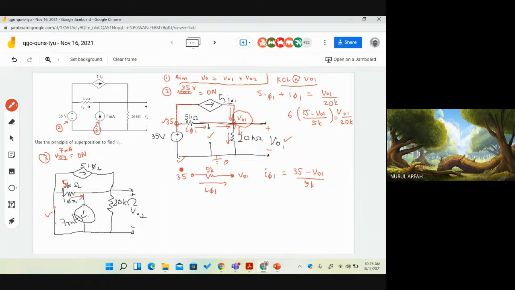Then you can do the math, so multiply by 20k. If we do that, what do we get? 4, right? 24 into 35 minus V node 1 equals V node 1. I put V node 1 here.